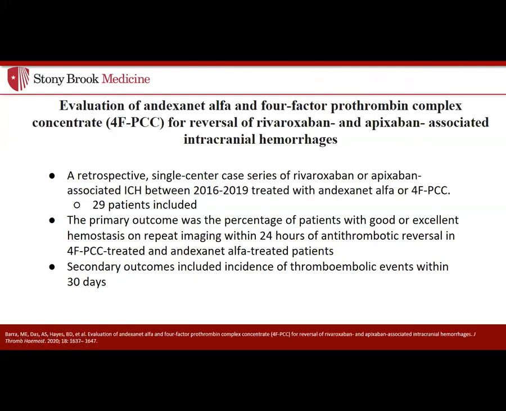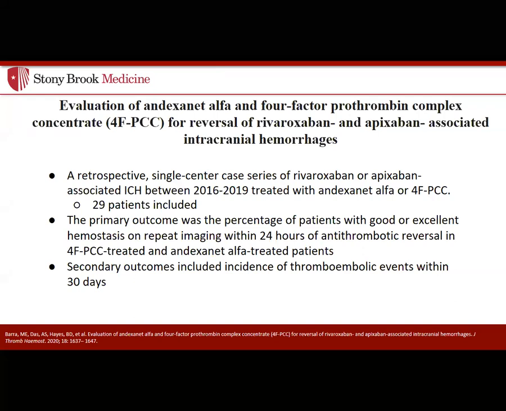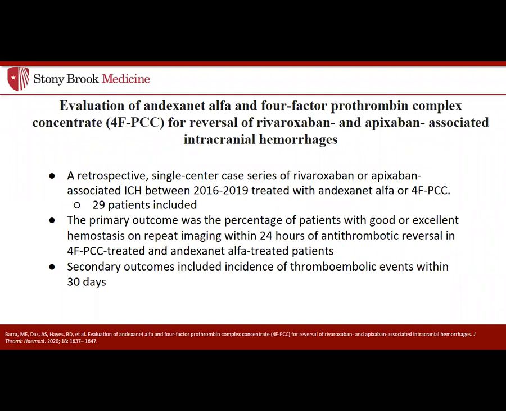But like I said, before this came out, all we had to reverse these factor Xa inhibitors related bleeding was the 4-factor PCC. So this was a study that compared patients who came in with an intracranial bleed, and they compared patients who received the Andexxa versus patients who received the 4-factor PCC.